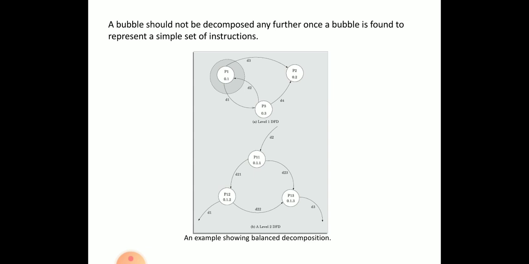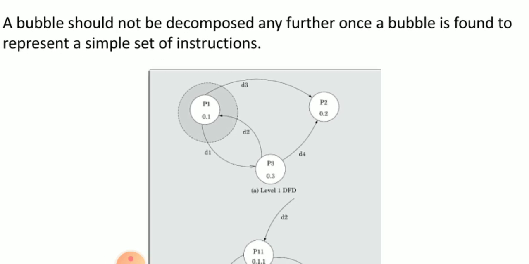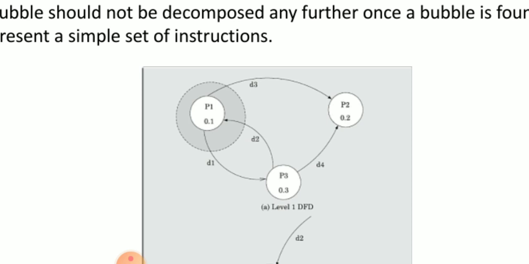For example, we can see the figure. In the figure, D1 and D3 represent data flow from the process P1. P1, numbered as 0.1, represents a process or a function, and it is the context diagram level 0.